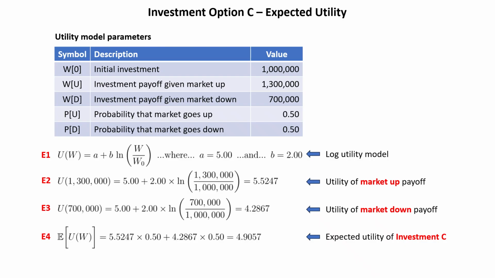Then we add the utility of market down, which is 4.2867, times the probability of the market going down, which is 0.5. So at the end of the day, our expected utility is 4.9057. And if you go back to the previous slide, you'll see that in the expected utility column. So on average, this is the utility that we would expect from this investment.